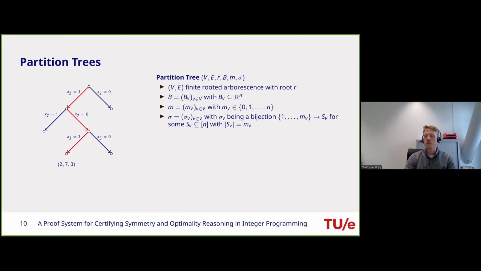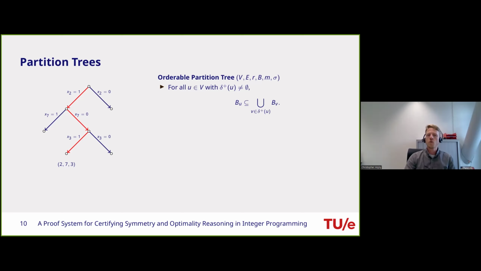They are based on the branching decisions. So we also introduced different properties of partition trees that we then use to define a so-called orderable partition tree. We say that a partition tree is orderable if it satisfies four properties, namely that these sets B_v are not allowed to be fully arbitrary.